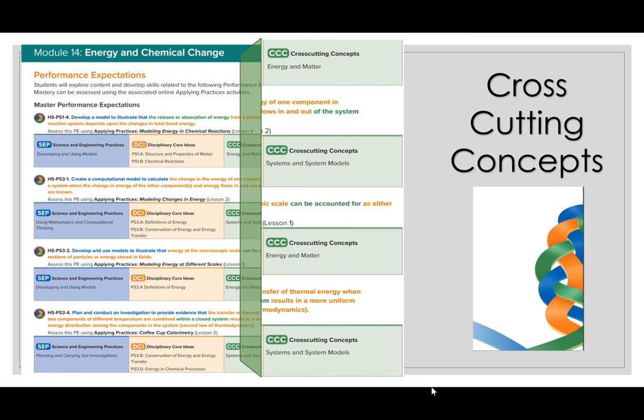Another dimension or strand of the NGSS is the cross-cutting concepts, and they'll be referenced in the teacher edition and student edition. Cross-cutting concepts, much like organizing your sock drawer or arranging your tools in the garage, allow students to have larger categories in which to think about their learning.